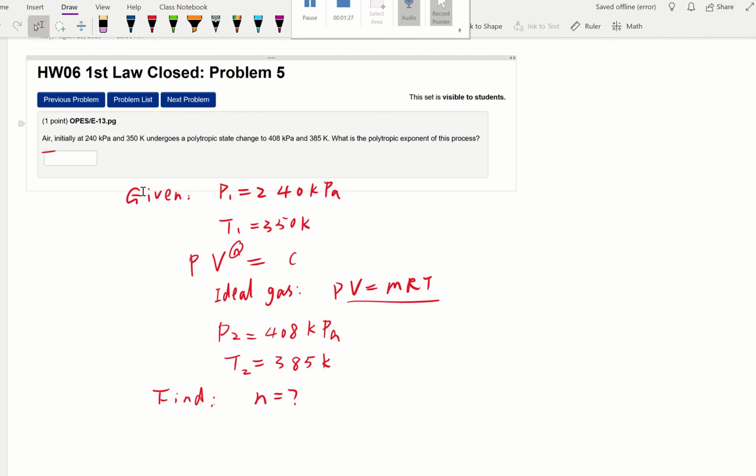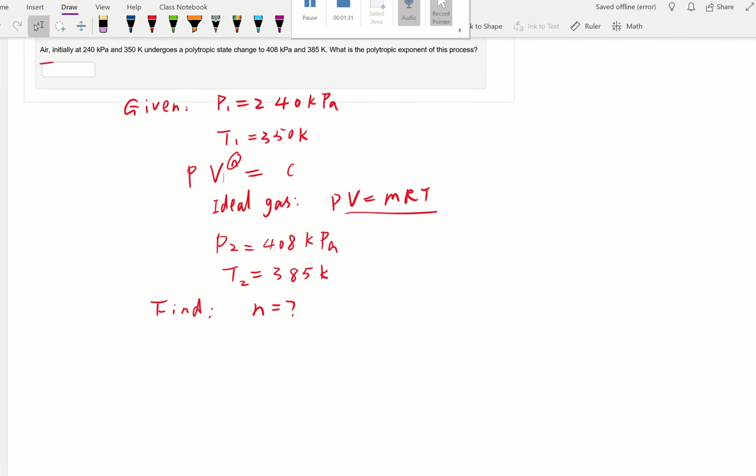First of all, using this polytropic process, P1 V1 to the n equals P2 V2 to the n. We do know pressure 1 and 2, but we do not know the volume. So maybe we can use this ideal gas equation to find the volume. And we don't need to find the exact value, we just need to find the ratio between them, right?